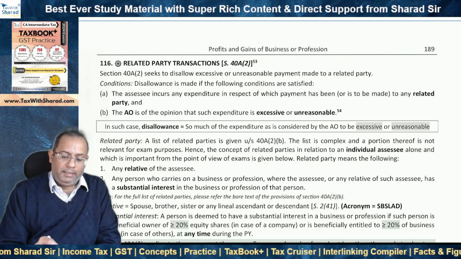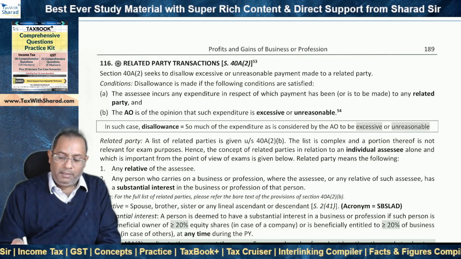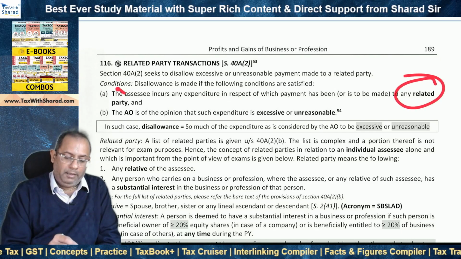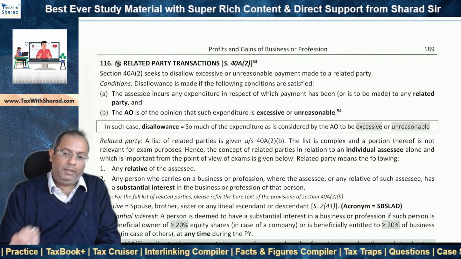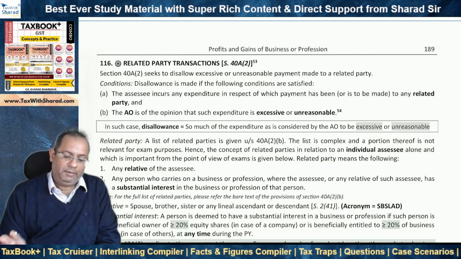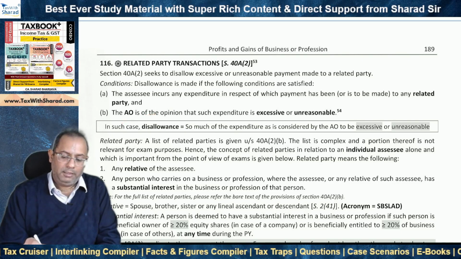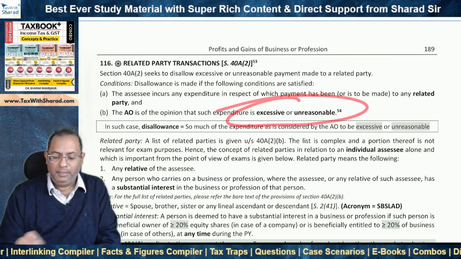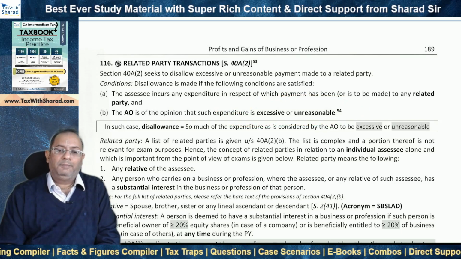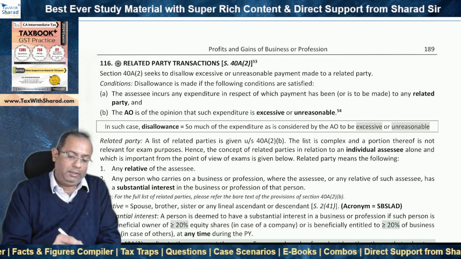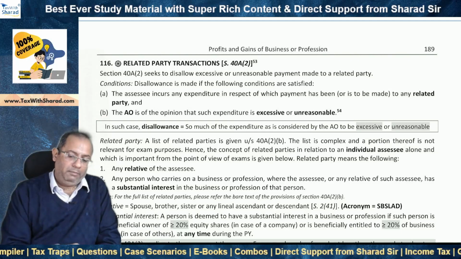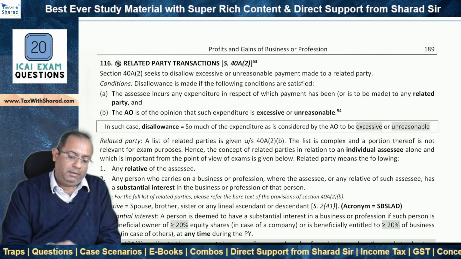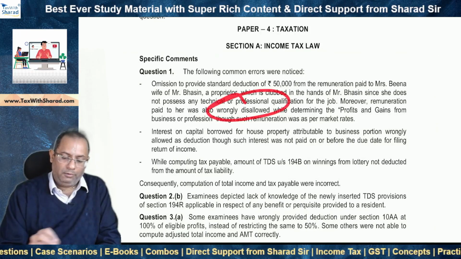One, the assessee incurs any expenditure in respect of which payment has been made to a related party. Wife is a related party. But this is not the only condition. The second condition also needs to be satisfied: the AO is of the opinion that such expenditure is excessive or unreasonable. But in our case, the expenditure was at market rates. So this condition was not satisfied, and therefore disallowance should not have been made. But students wrongly disallowed. So this was the mistake.